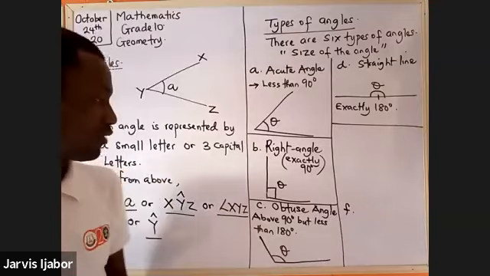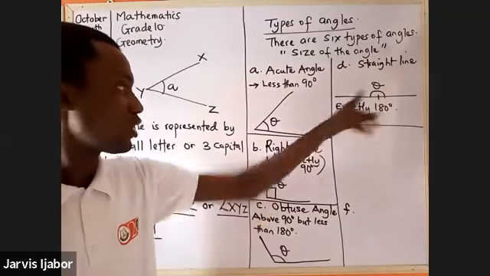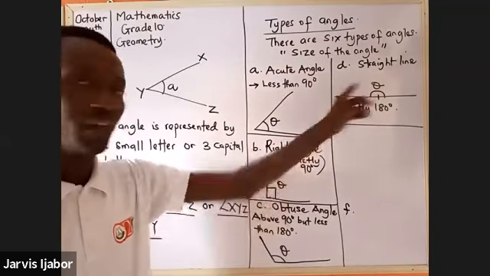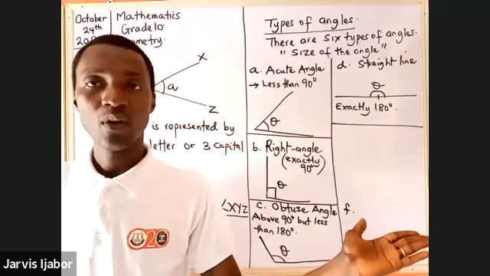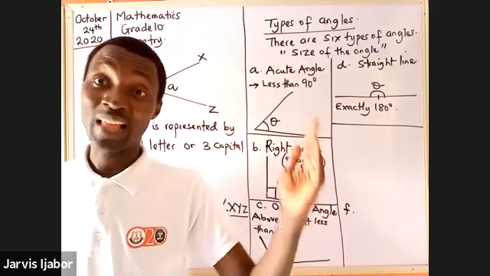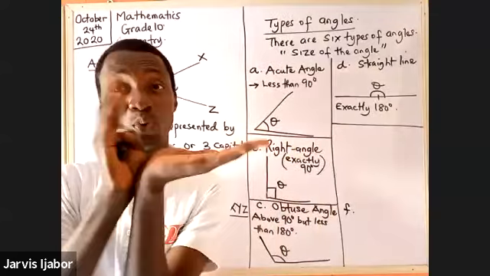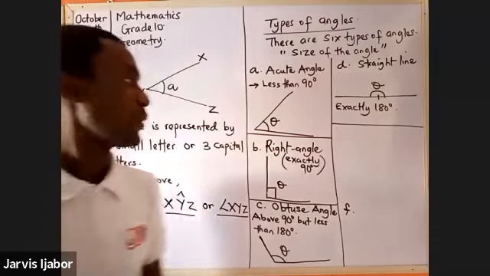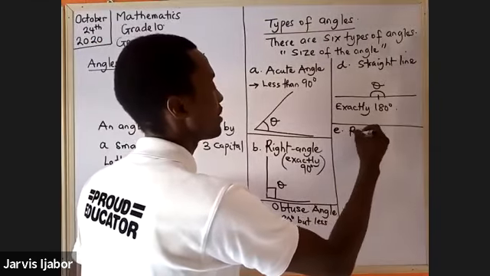It is not this one, and it is not this one; it is in between them. So any angle between 90 and 180, from 91 to 179 degrees, is treated as obtuse. The next one we're going to treat is the one we call reflex.